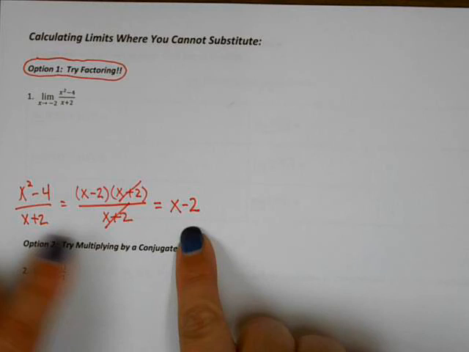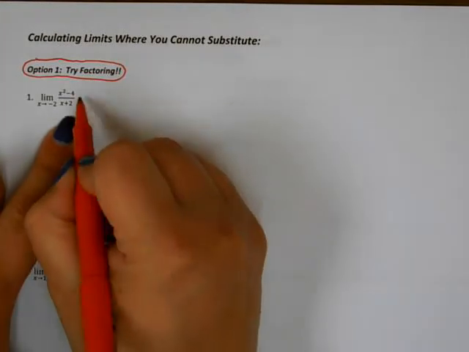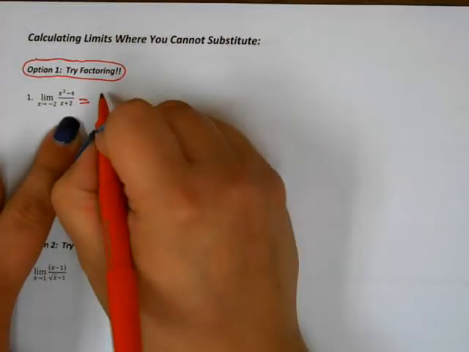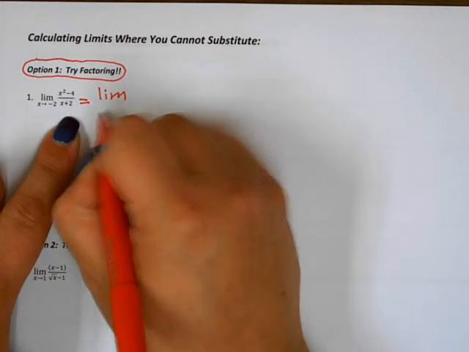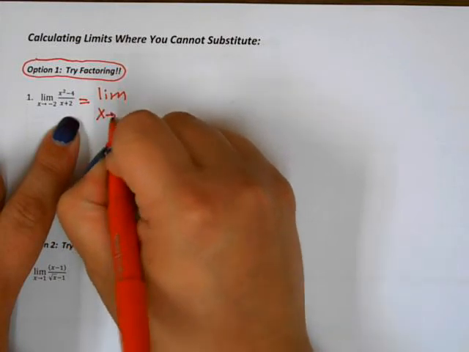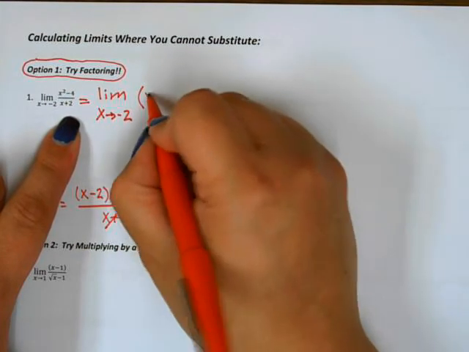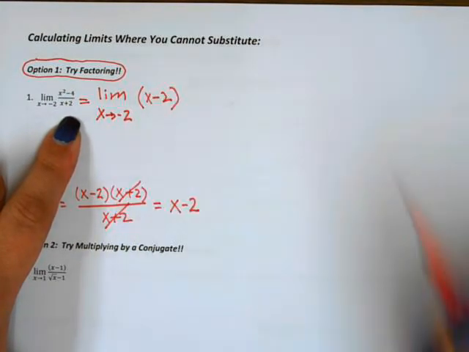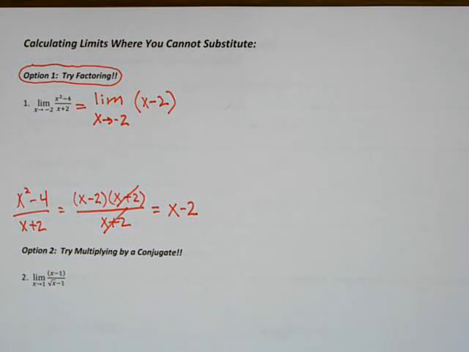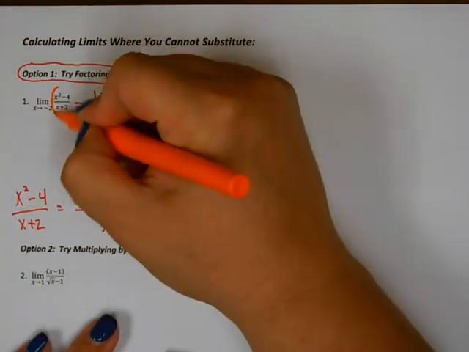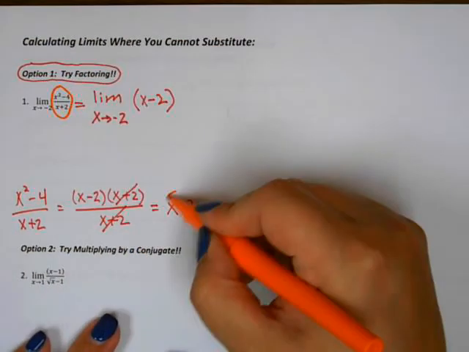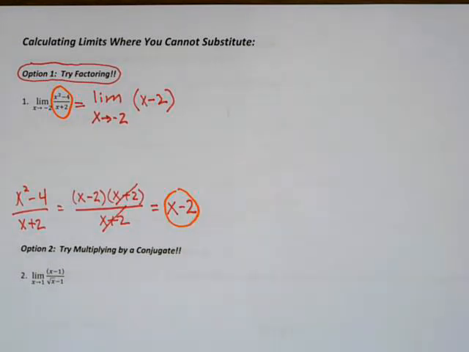All right, so all I did was take out my function over here, factor, and cancel things. So now I'm going to go back up to my limit. This is where the limit notation needs to come back. So the limit as x approaches -2 of, now I'm just going to put in x minus 2, because we decided that this function is the same as this one because I simplified it down by factoring.